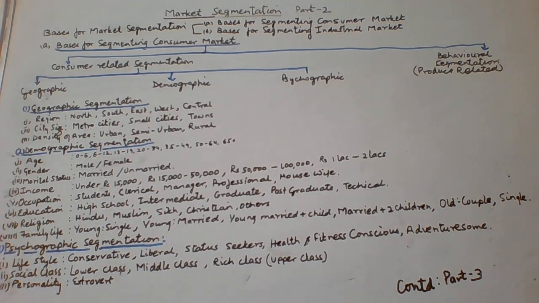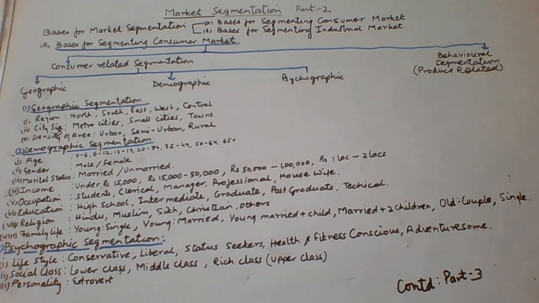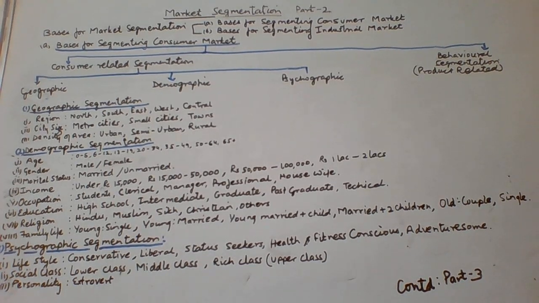Let's not forget that urban and semi-urban comprise maybe 25 to 30% of the total population, whereas 70% of the Indian population is still related to rural areas. So one should keep in mind that rural is a very big market in terms of the size of the population.